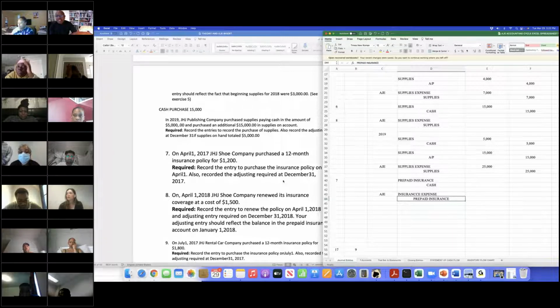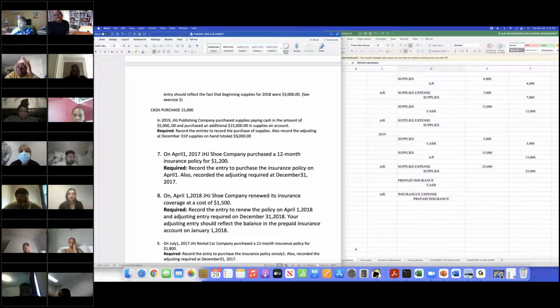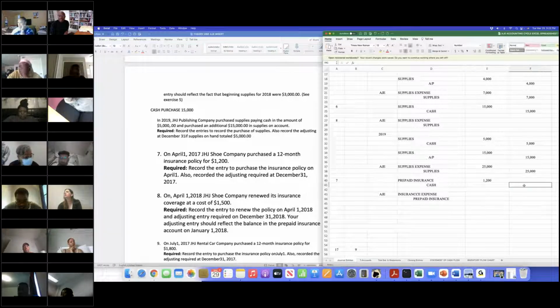Okay. For the preceding entry, for prepaid insurance, I debited 1,200 and credited 1,200 for cash. Wait, slow down. So we debited 1,200 for prepaid insurance.